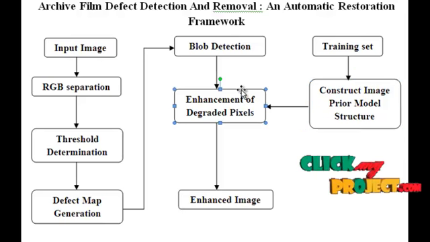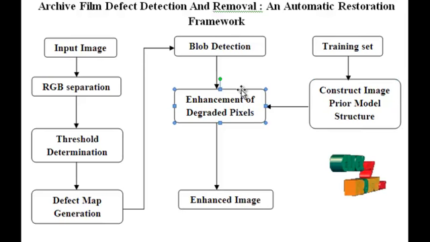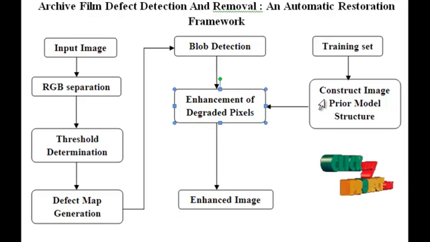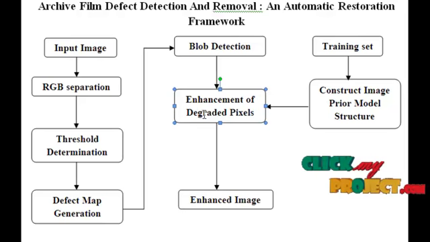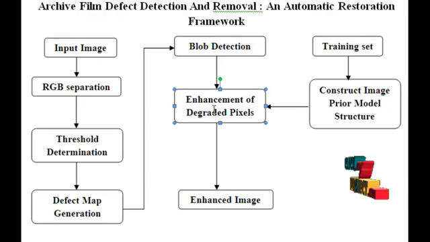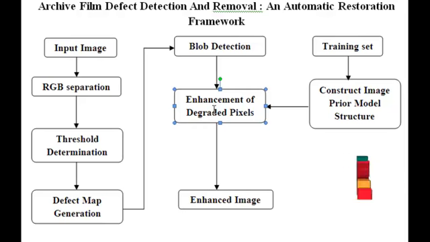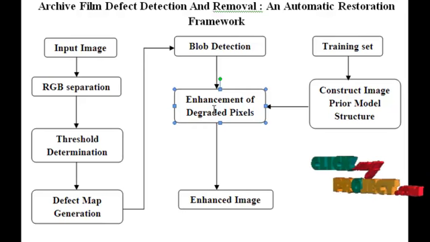Come to this block, that is enhancement of degraded pixels. With the help of the image prior model structure obtained from the previous block, we are able to restore the original image. This is done by means of a filtering process. For this, first we have to project the image patch onto a linear component, which is equivalent to filtering the patch with a linear filter.